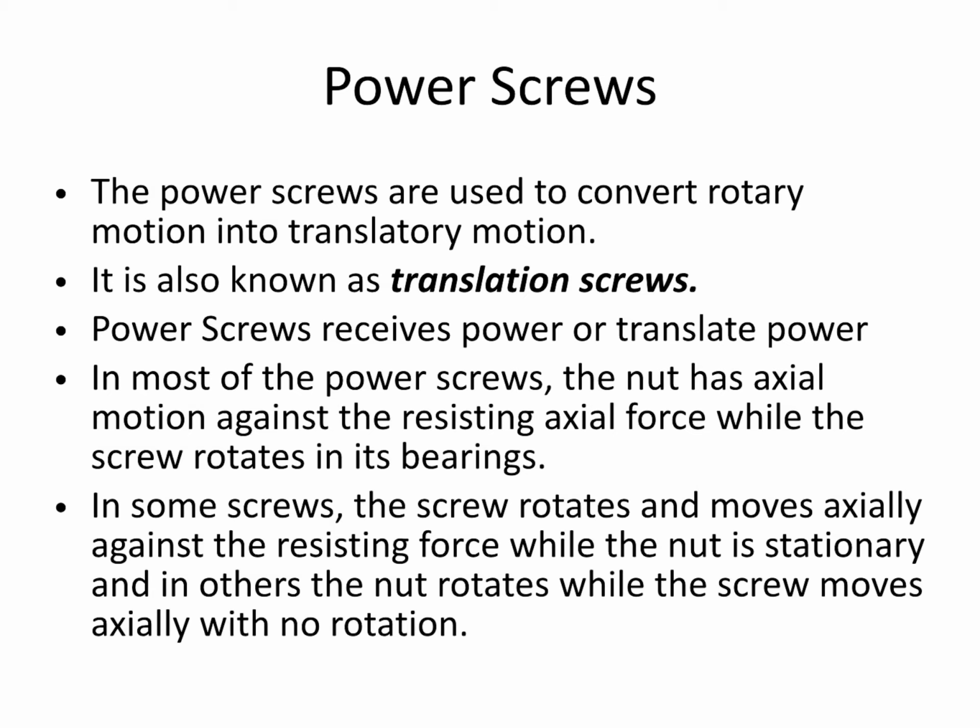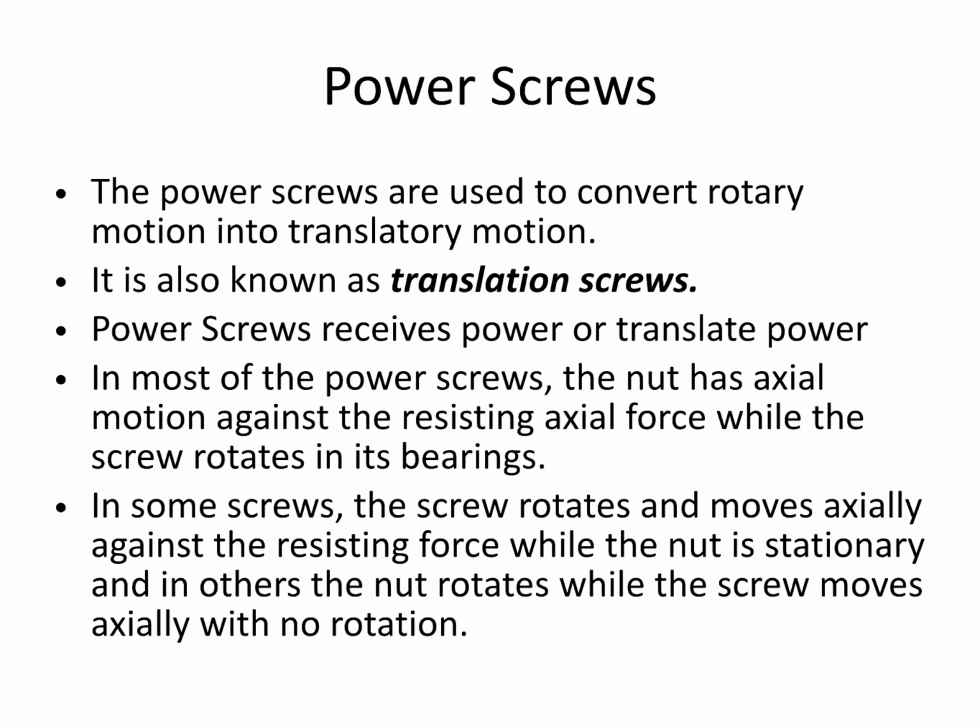In most of the power screws, the nut has an axial motion against the resisting axial force while the screw rotates in its bearing. As you may have seen, we have a lead screw in the lathe machines.